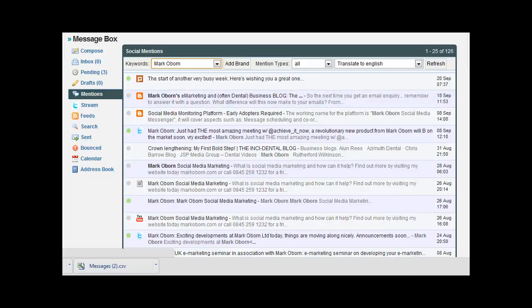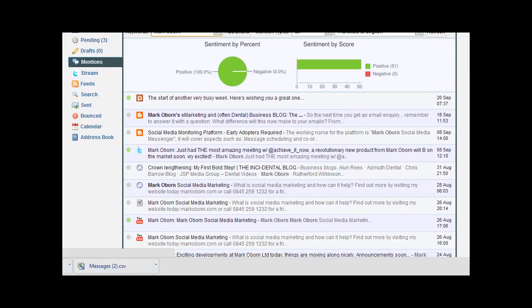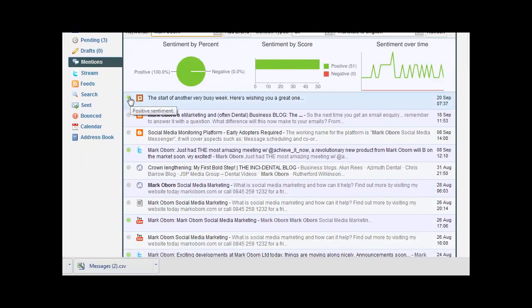It uses a very clever tool where it reads the post, and if it sees that it's positive, it gives green. If it sees it's negative, it gives red, and it looks at the number of the posts that you've had that are positive and negative, and gives you a sentiment score over time.